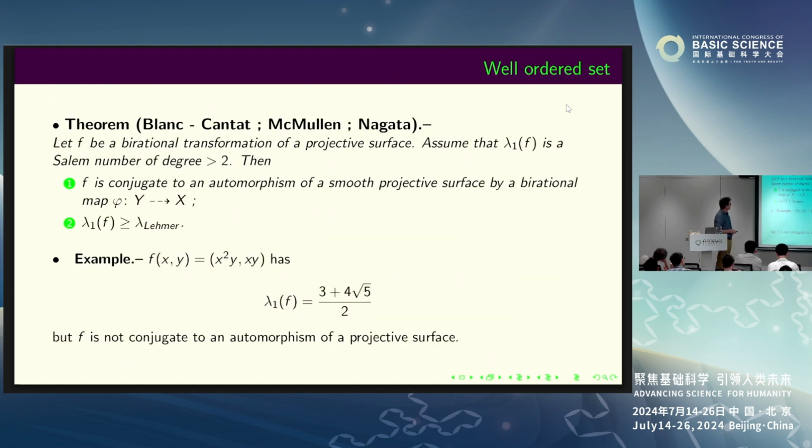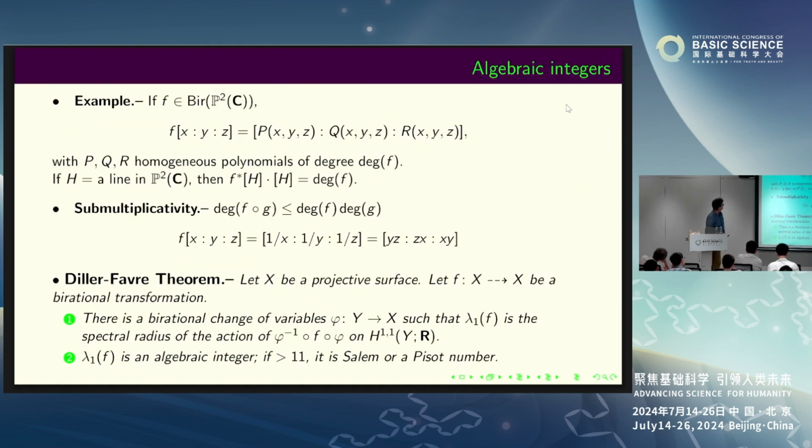Take the case of the surface which is P2. The second cohomology group is just Z. It's generated by the class of a line in P2, so it's a one-dimensional space.